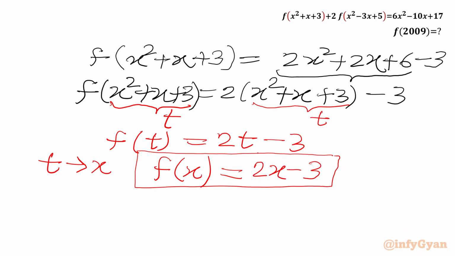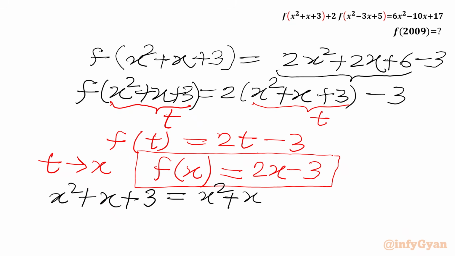Now f is real to real mapped with x. We have to check, is there any restriction on the value of x before finding f 2009. So if I write here x square plus x plus 3, I will use the completing the square method to write x square plus x.